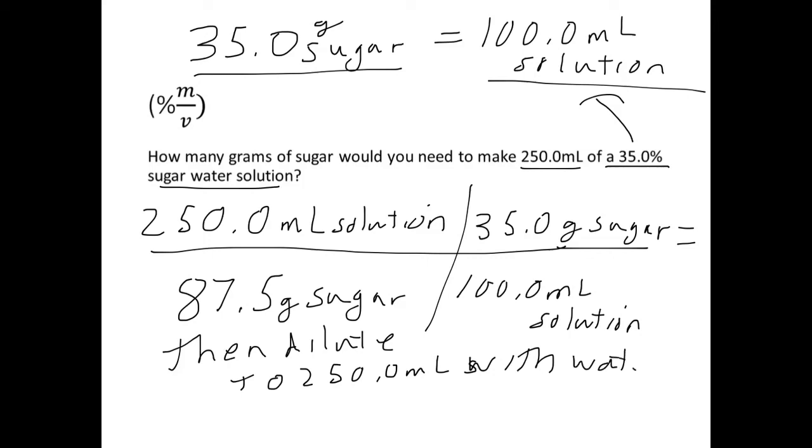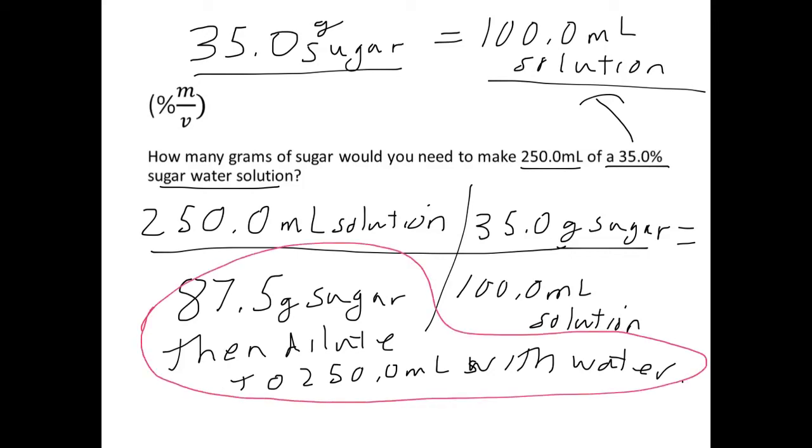And on a multiple choice test, I will tell you right now, I will have more than one answer that will have that 87.5 grams. One of those choices would read, take 87.5 grams of sugar and place it in 250 milliliters of water. Choice E would be take 87.5 grams of sugar and dilute to 250 milliliters with water.